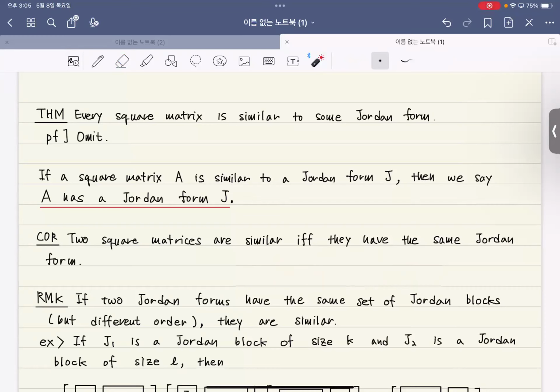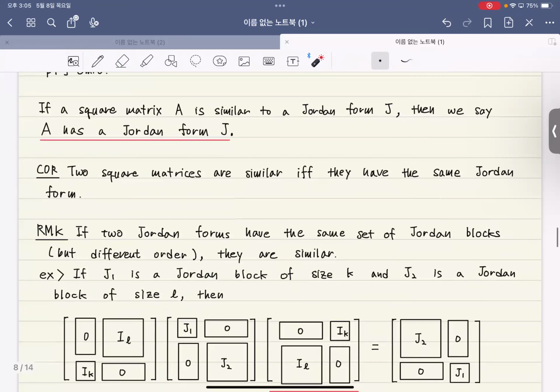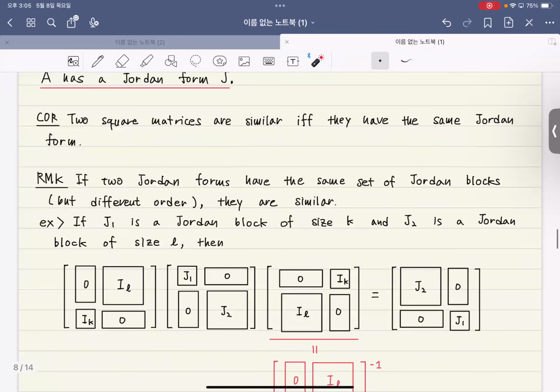So in this sense, we say the Jordan form is a complete invariant of the matrix. If two Jordan forms have the same set of Jordan blocks but in different order, they are still similar. Suppose one Jordan form has the Jordan blocks J1 and J2 in this order, and the other has J2 and J1 in this order.